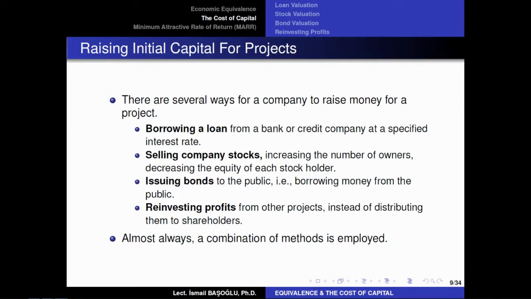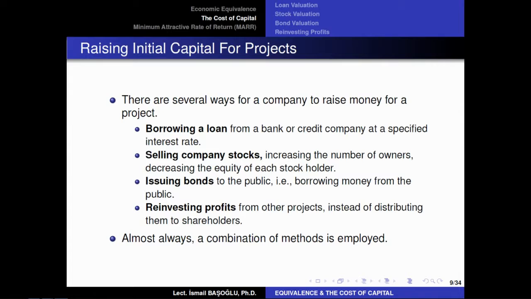Okay. Now, when companies invest their capital into a project, the capital that they have raised is obtained not just by a single method that is mentioned here, but a combination of these methods is employed.